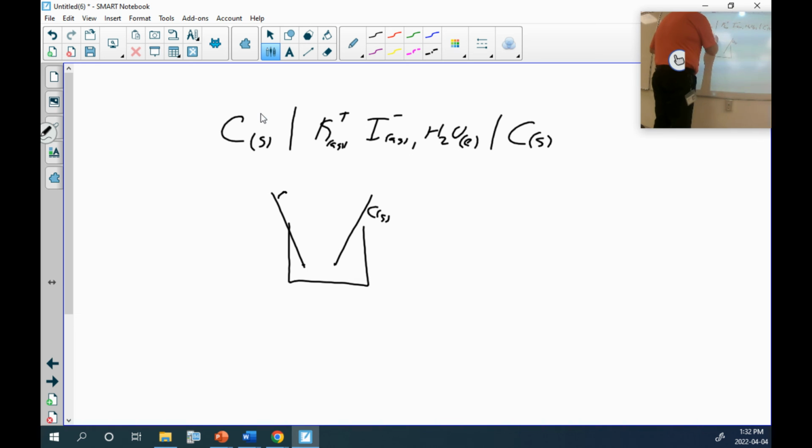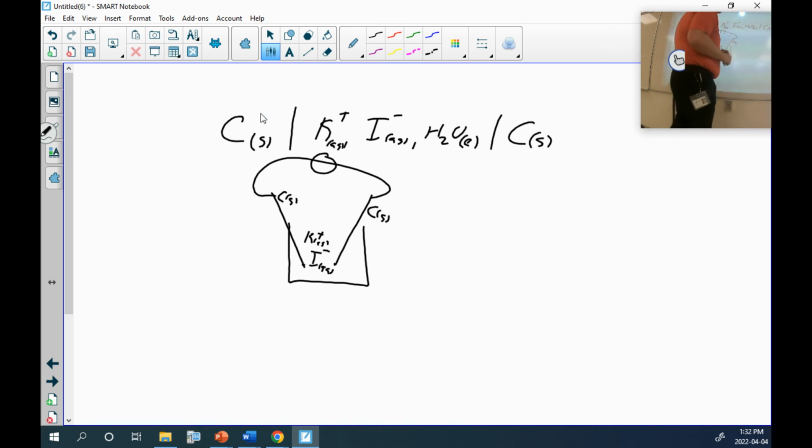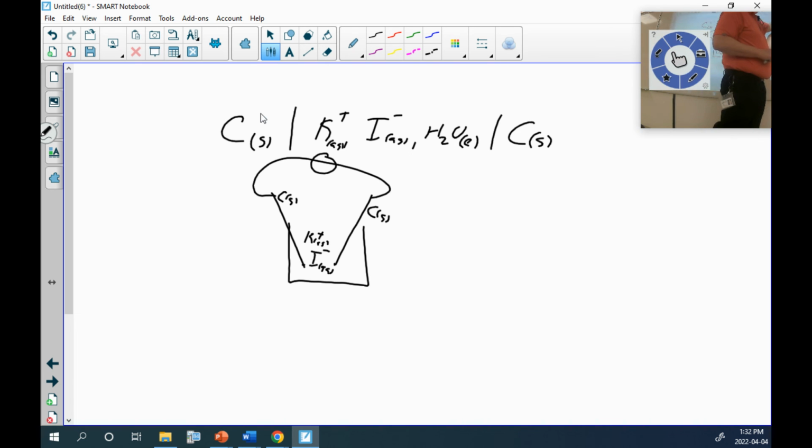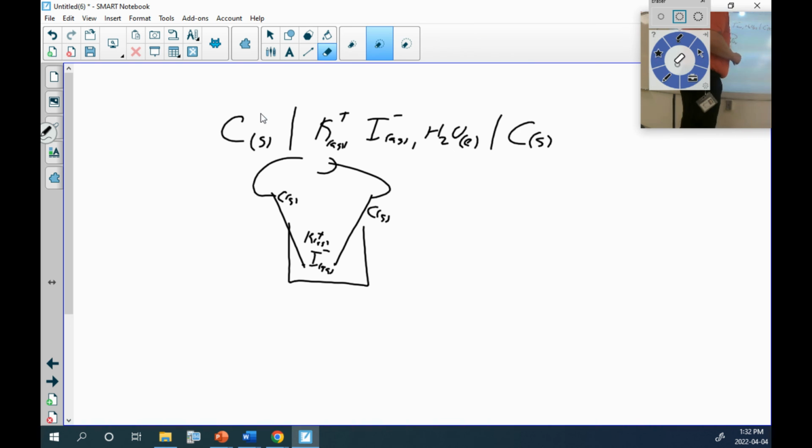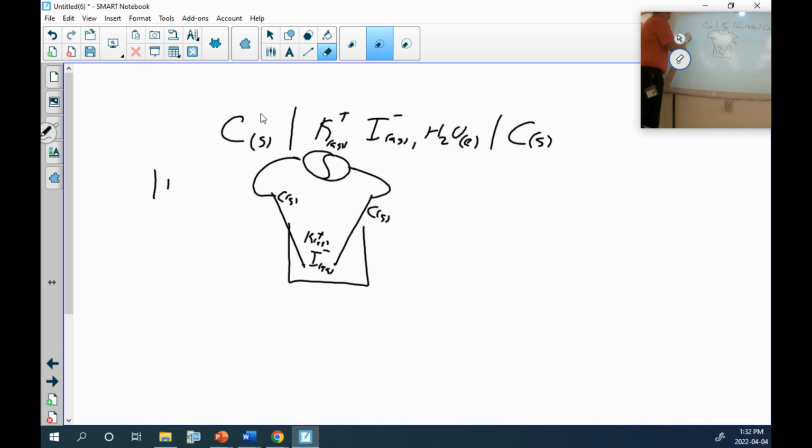Carbon, carbon, and you might see that notation for a charge pump, or you might see that notation.